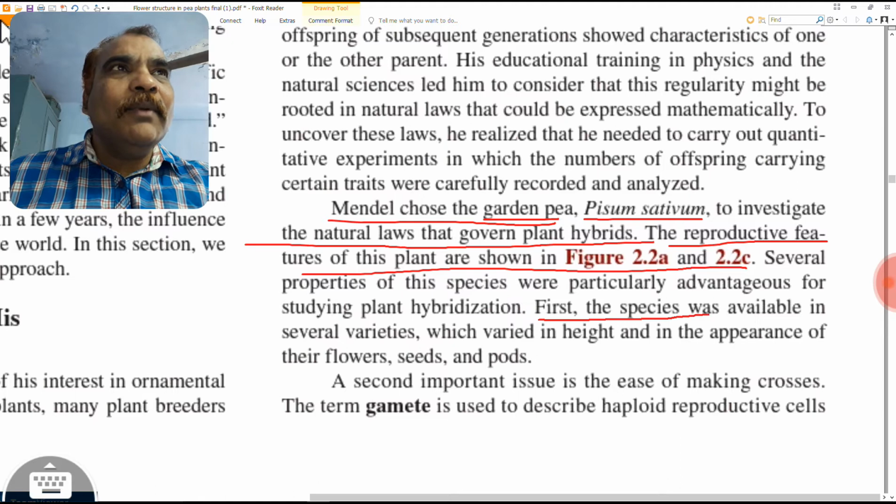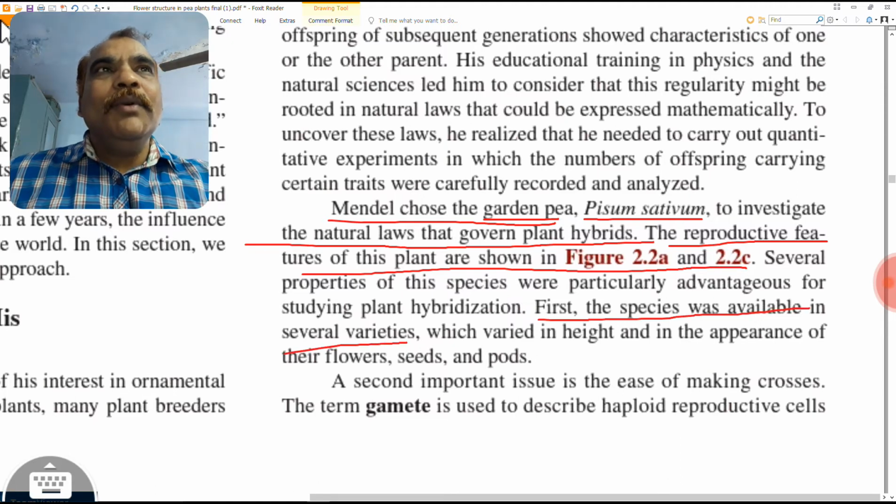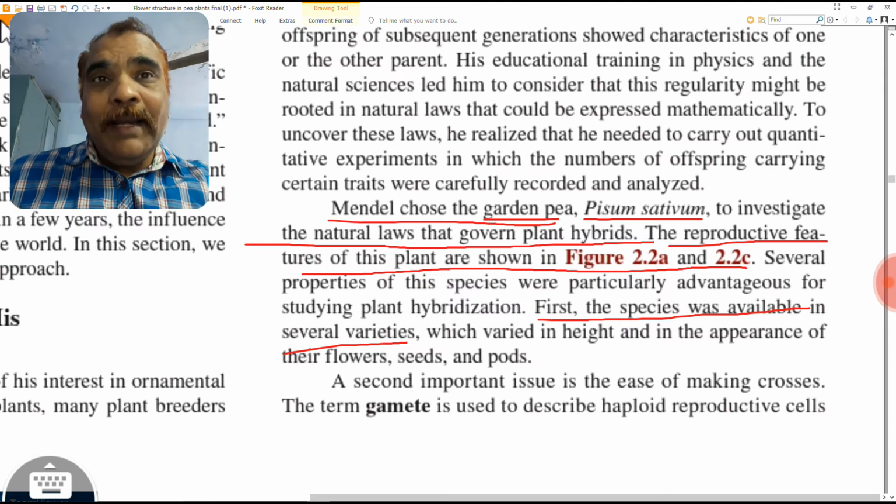First, the species was available in several varieties. Different peculiarities were observed, and the plants varied in height. Some pea plants were taller and some were shorter.